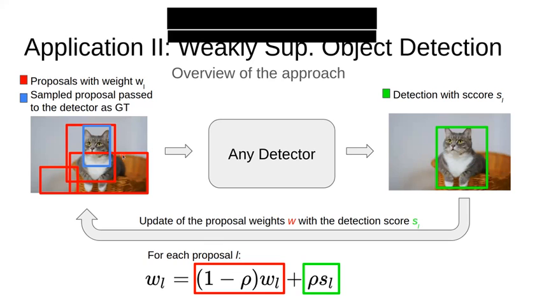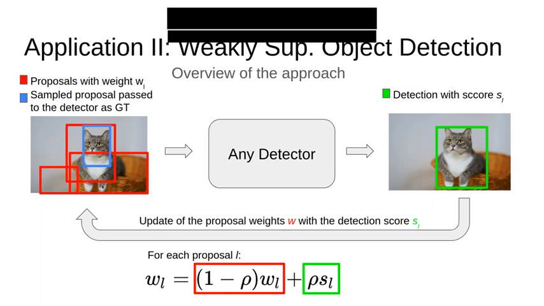And once we have the weights for the proposals, we can sample from these proposals, and the sampled proposal is given to the detector as a ground truth. Of course, it's a fake ground truth, but if we train with this approach, over time, the proposals that are more likely to contain the object will have the highest probability to be sampled.